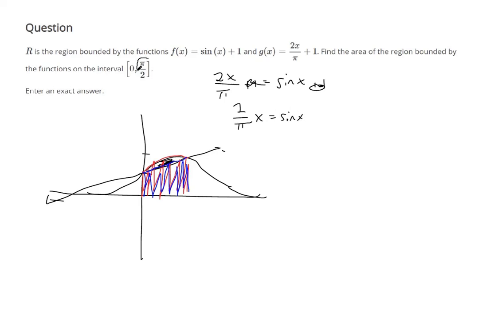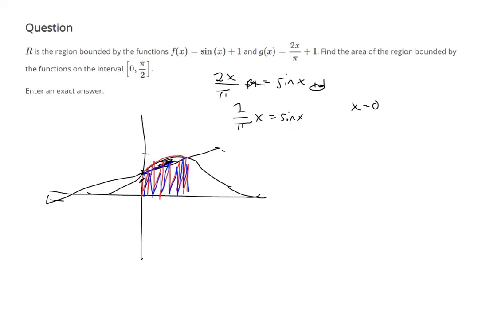And so if we suspect that this is the right endpoint, we could plug in pi over 2 to see if it makes a true statement here. Because in reality, what you're going to see is it's going to cross twice. You're going to get multiple intersections. We just want these two. If I was to plug in 0 for x, which is what we're suspecting is the left endpoint, we get 0 on the left, and sine of 0 is 0.